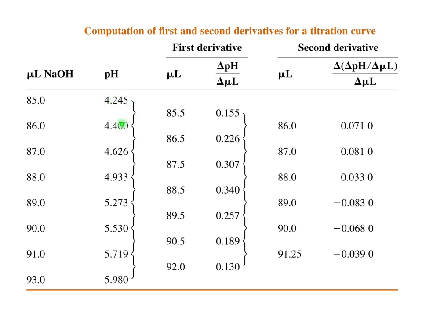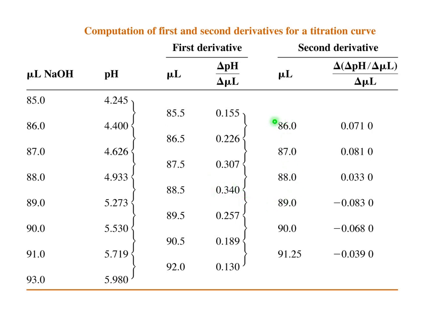Then we look at the difference in pH values and put it above the line. So instead of dpH over dV, we have delta pH, the change of pH, versus change of volume. As you can see, the numbers are different and the maximum is visibly located here.